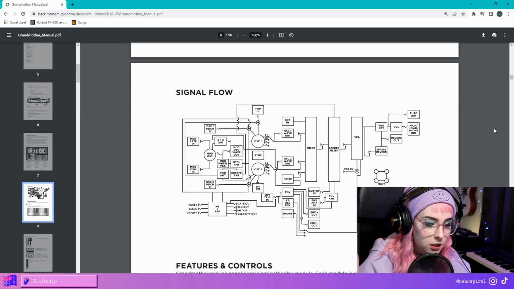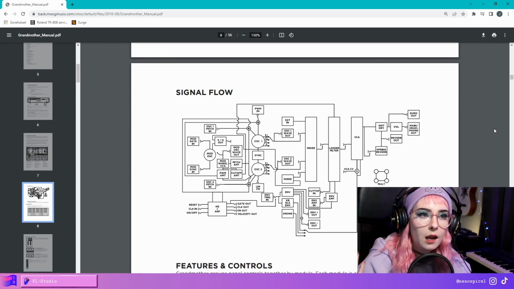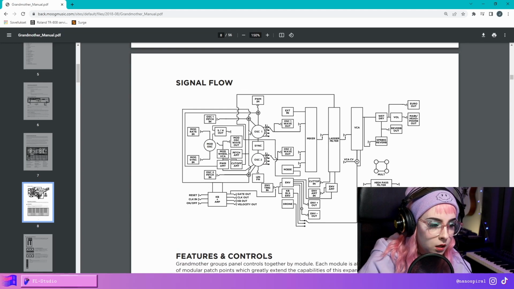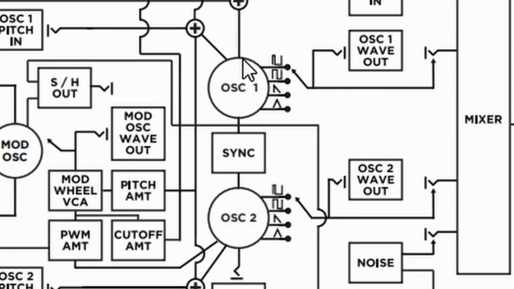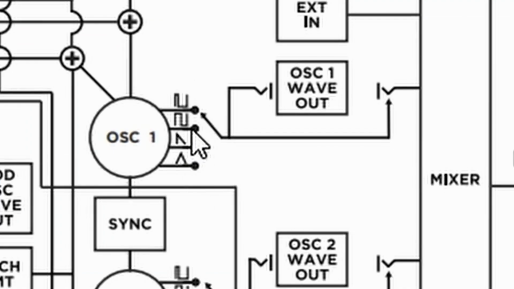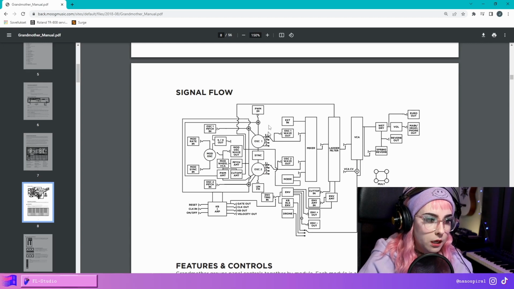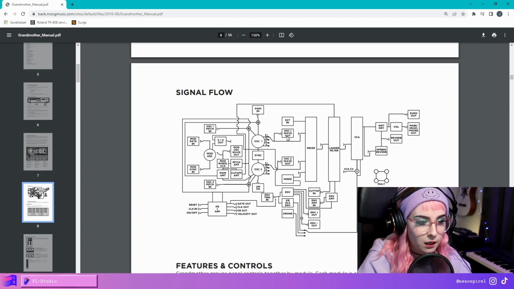So looking at this diagram is a good opportunity for me to already start thinking about the implementation in Patcher. The audio signal is generated here in oscillators 1 and 2, and these switches right here represent the waveform switching. From here the audio signal continues, and here we have a wave out.